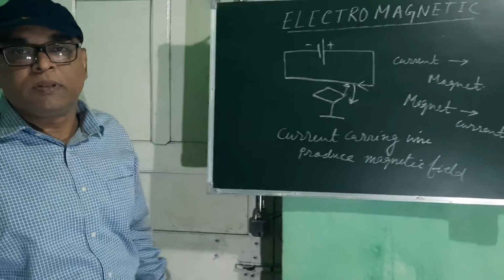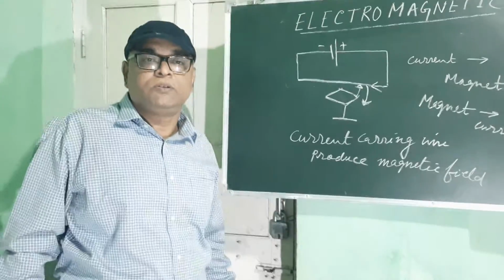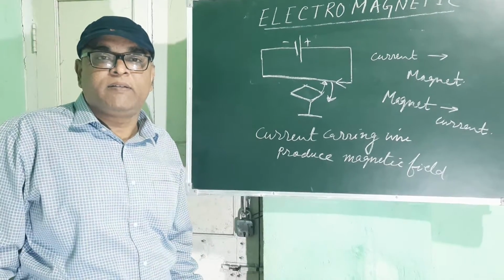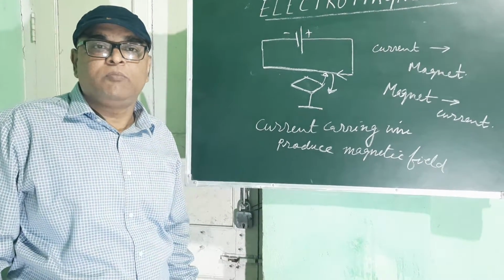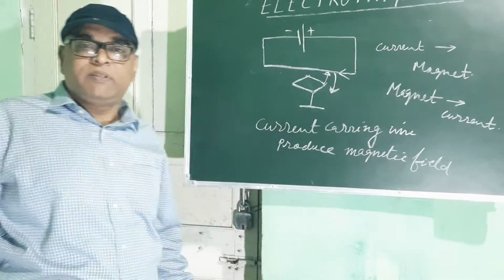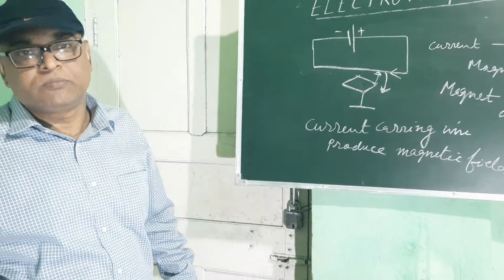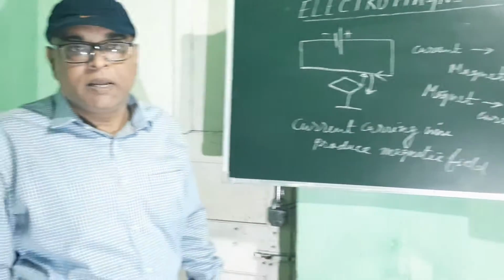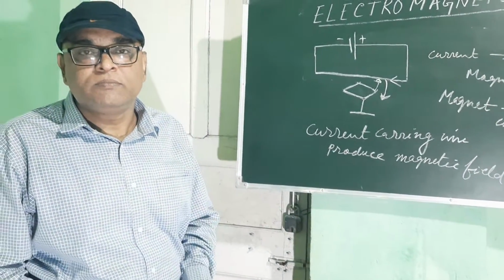Now, two great scientists, Michael Faraday and Henry, both simultaneously gave some idea. Yes, the reverse is possible, magnet to current, and that is how it is possible.